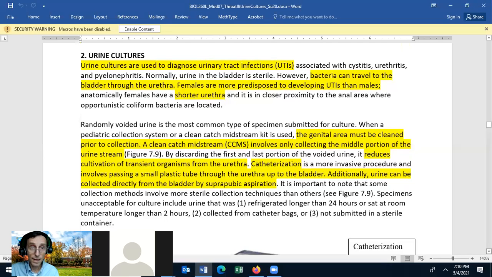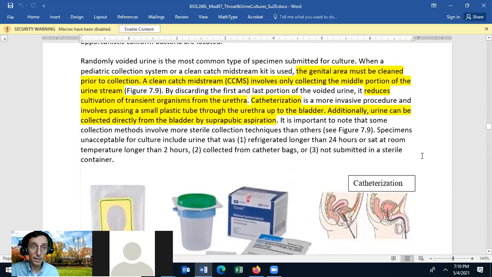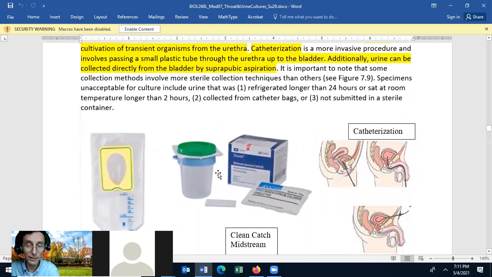To get a urine culture, the genital area must be clean prior to collection, and then usually they catch a clean midstream of the urine, meaning the patient urinates and it's not collected, and then as they're urinating in the middle, you collect some, and then you do not collect it at the end of the urination. This is called a clean catch midstream, which most patients like to do because all they're doing is urinating into a cup.